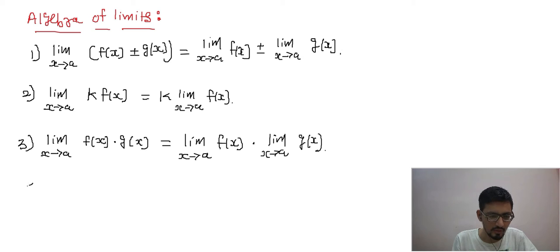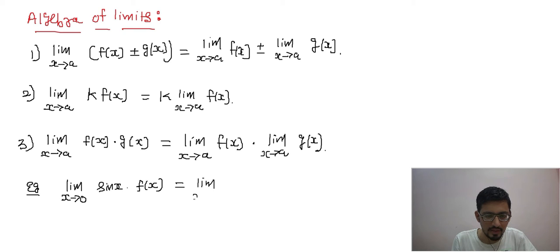I will write one example. If I have limit x tends to 0 sin x into f of x, and I want to write this as limit x tends to 0 sin x product limit x tends to 0 f of x, I cannot do this here.